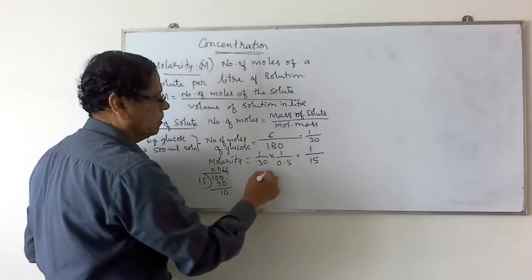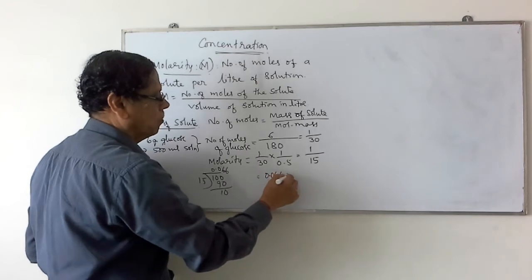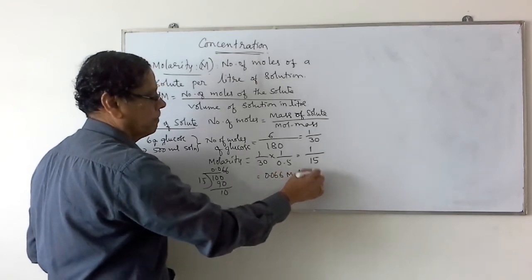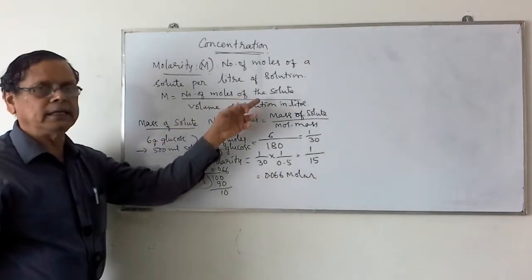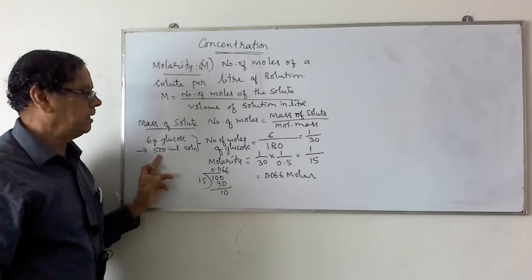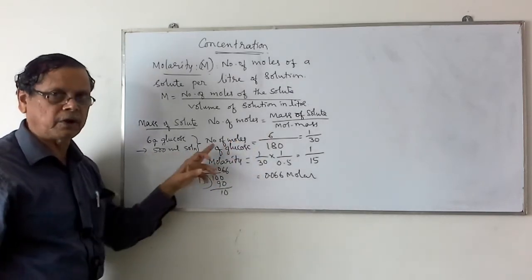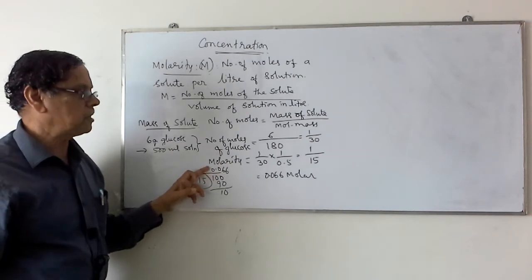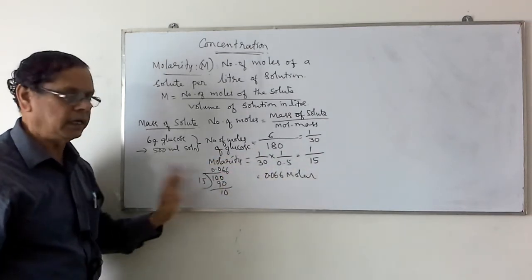So it is 0.066 molar solution. So instead of being given the direct number of moles of the solute, if you are given the mass of the solute, take the ratio of mass by molecular mass, which gives the number of moles. Then molarity of the solution is equal to number of moles divided by volume expressed in liters.